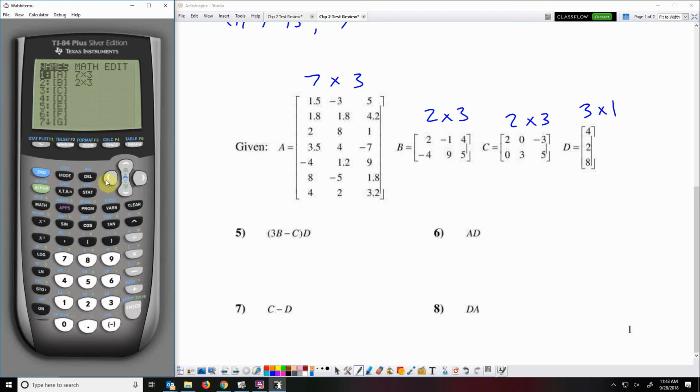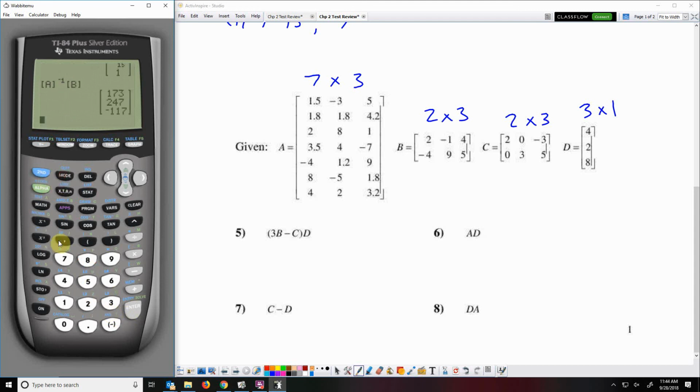Then I'll go back to matrix and edit matrix C. So option 3 to a 2 by 3, 2, 0, negative 3, and 0, 3, 5. And then we'll edit fourth matrix, matrix D, to a 3 by 1, 4, 2, 8.